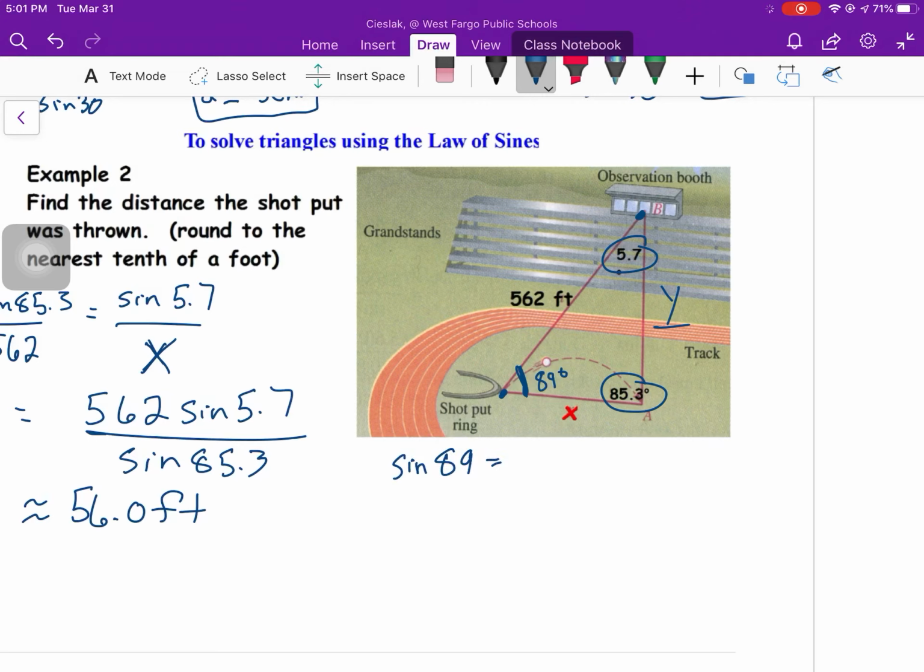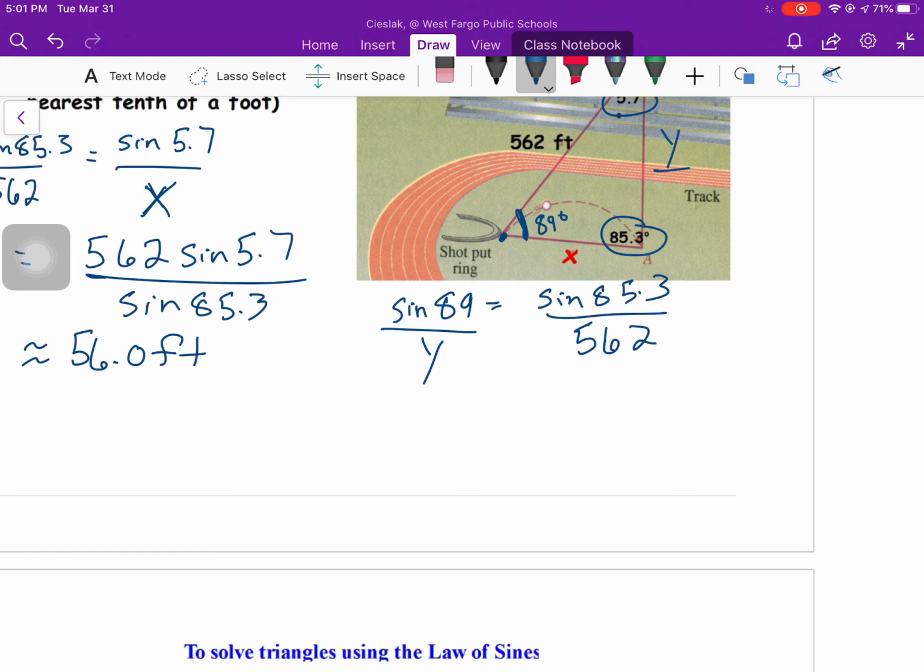So I could say sine of 89 over y is equal to, same thing as the last one, sine of 85.3 over 562.